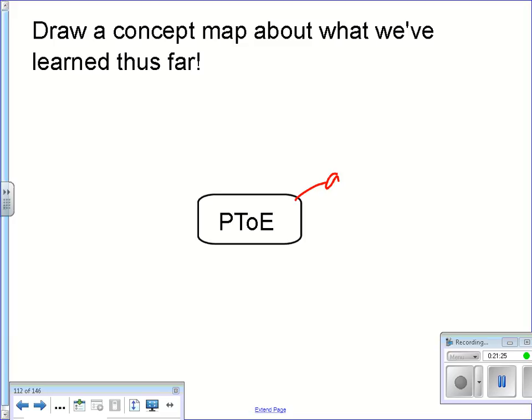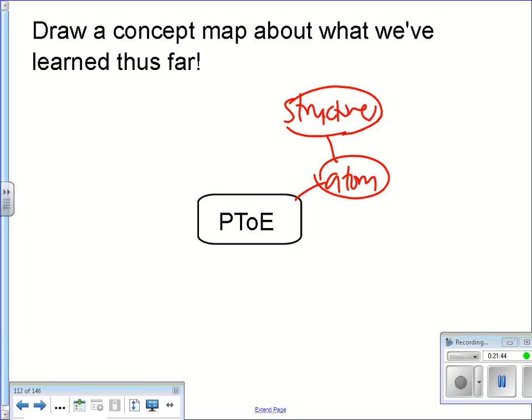If I start you off with the atom, what are things you think of when you hear the atom? Things we've talked about. Concepts. Shout them out. Protons, neutrons. Okay, so structure. Of structure, I'm hearing protons, electrons, and neutrons. What else do you think of when you hear the atom?